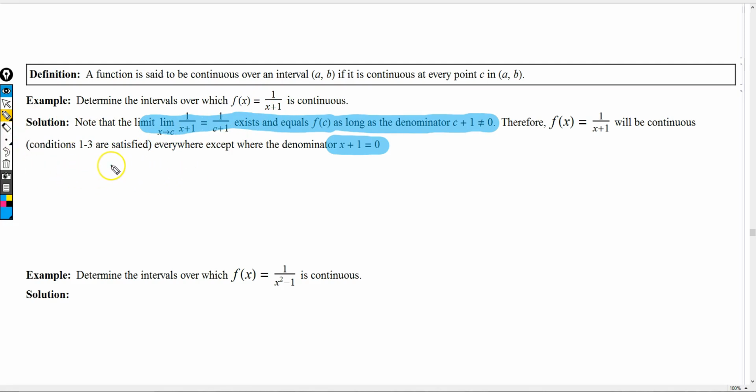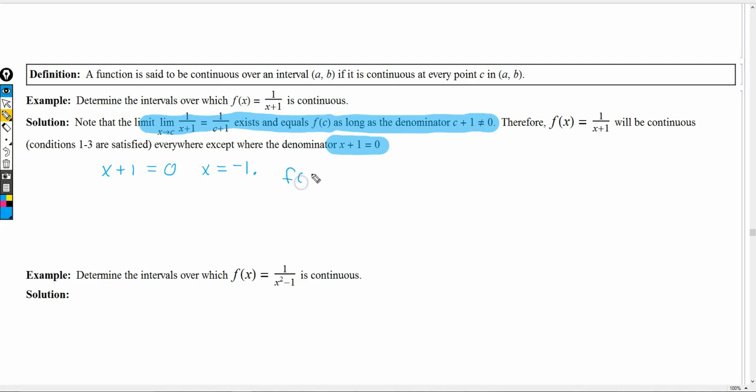That's easy enough. All we need to do is set x plus 1 equal to 0. Of course, that gives us x equals negative 1. And so our function is going to be continuous everywhere except at negative 1. And we can write that as follows.